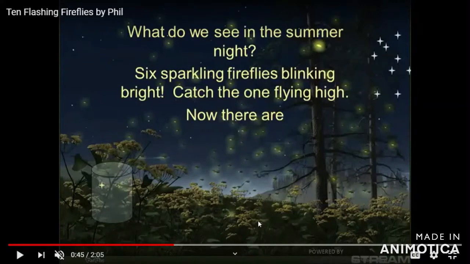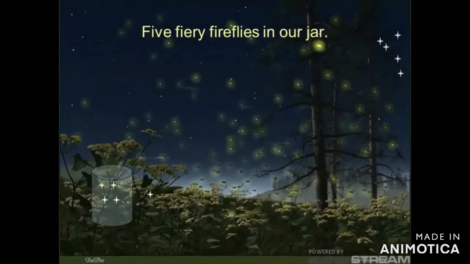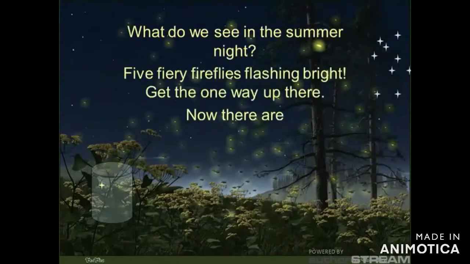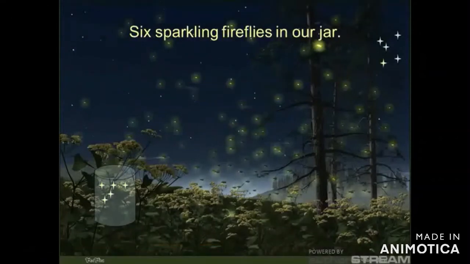Catch the one flying high. Now there are 5 fiery fireflies in our jar. What do we see in the summer night? 5 fiery fireflies flashing bright. Get the one way up there. Now there are 6 sparkling fireflies in our jar.